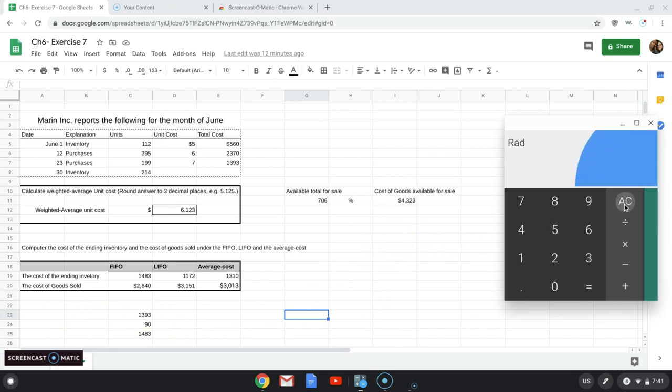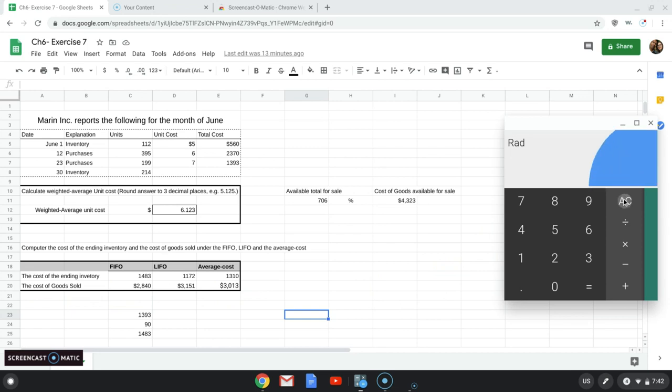We're gonna subtract from the cost of goods available to sell, which we previously found, which is 4,323, minus the ending inventory, equals 3,151, and that is the cost of goods sold.